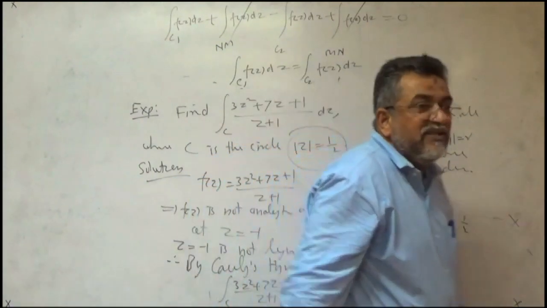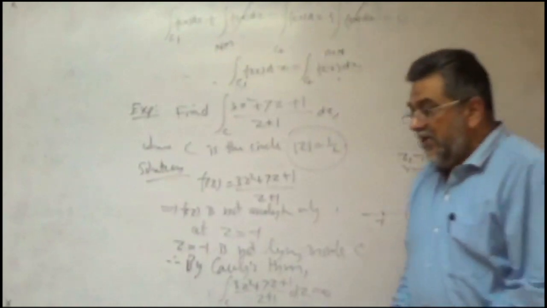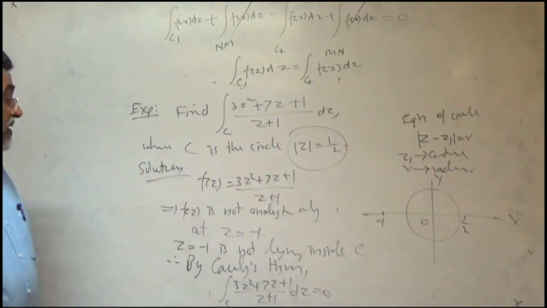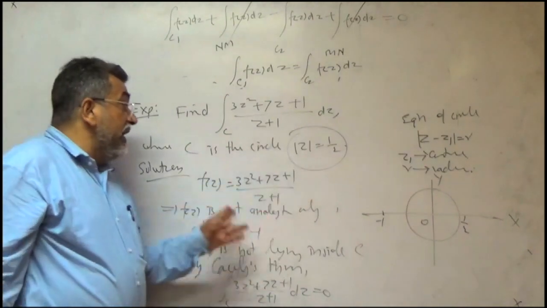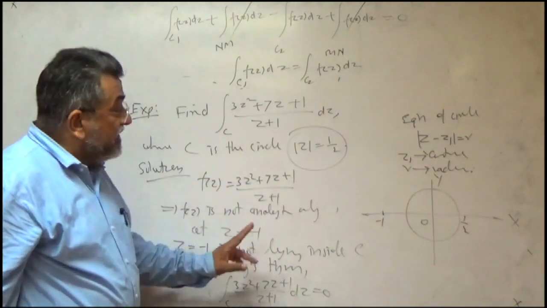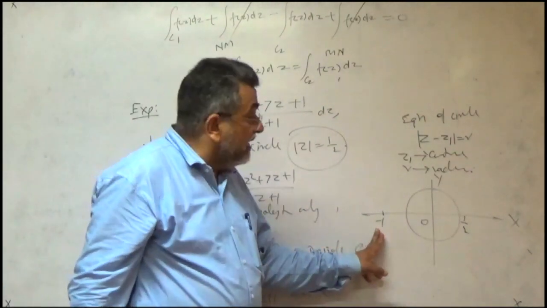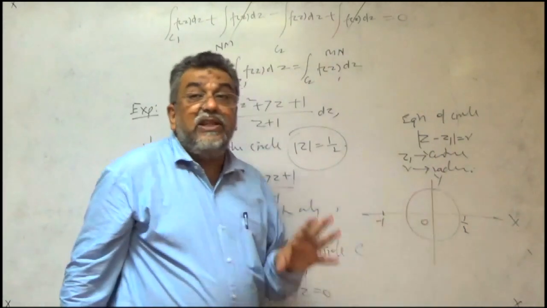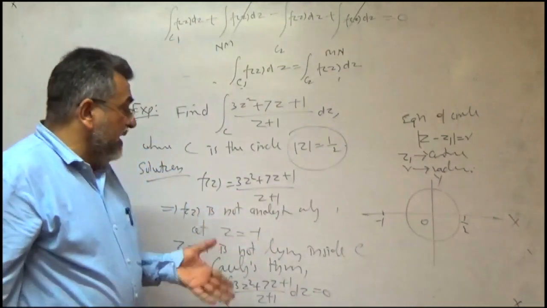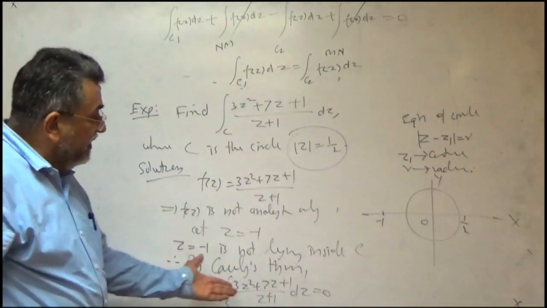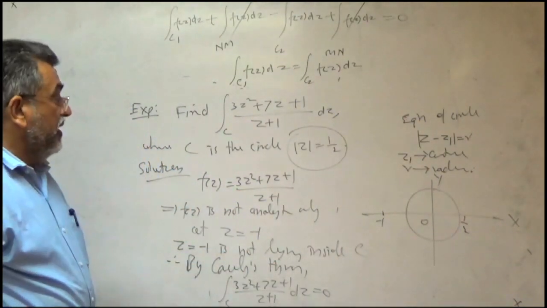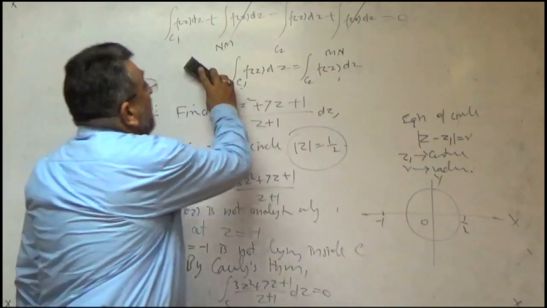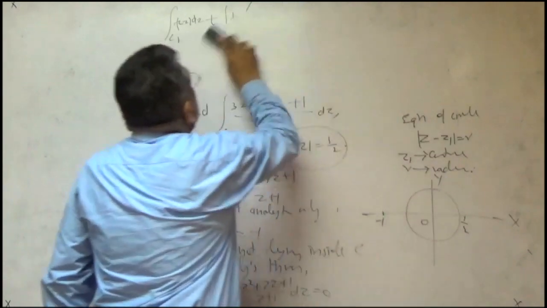Directly you can write this without any calculation, because the given function is analytic in C. It is not analytic only at z = −1, which lies outside the circle, so f(z) is analytic inside C. By Cauchy's theorem, the value of this integral is 0. This is a numerical example of Cauchy's integral theorem.